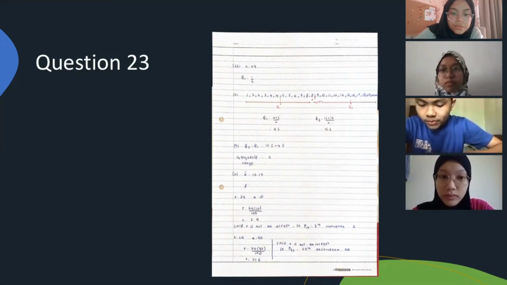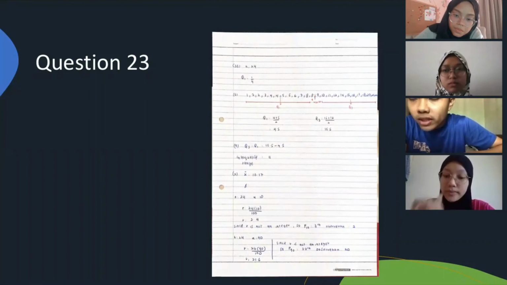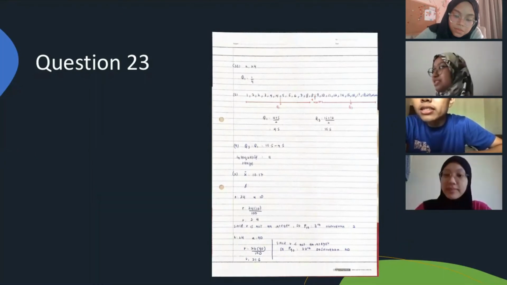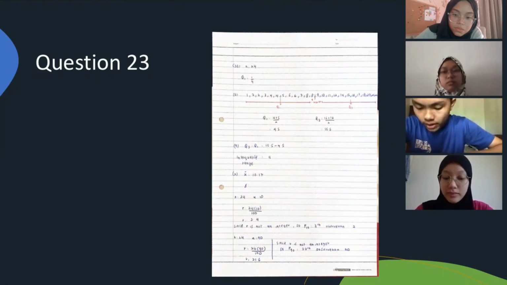Next, the question is to find the interquartile range. For the interquartile range, we take the third quartile minus the first quartile. So 15.5 minus 4.5, and the interquartile range is 11. Next, B, find the 10th and 19th percentiles.